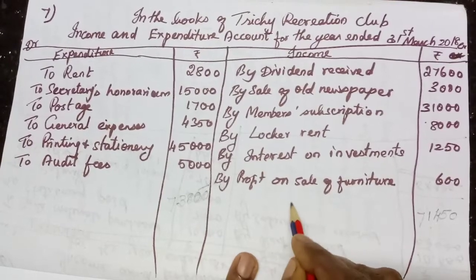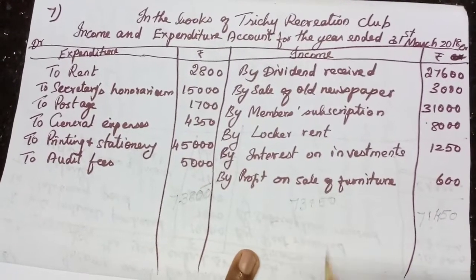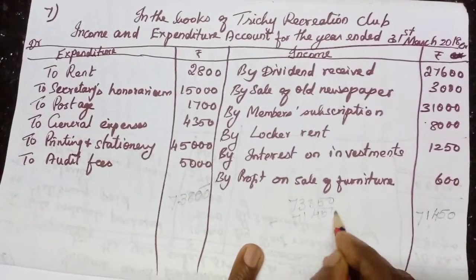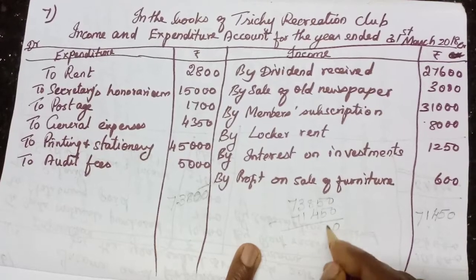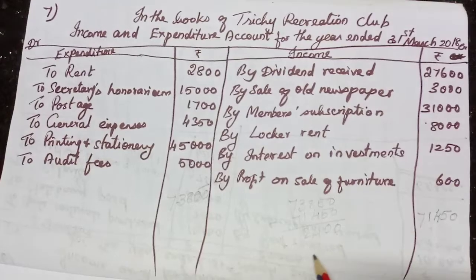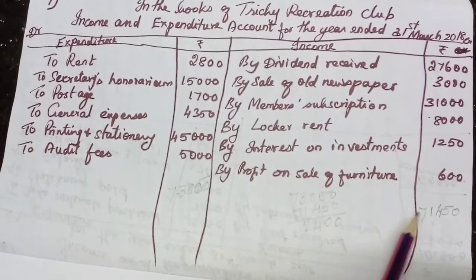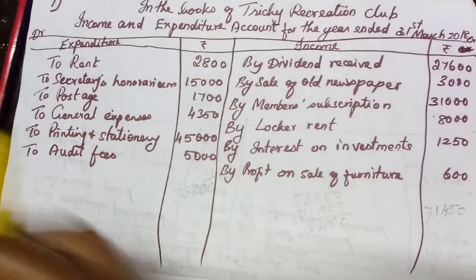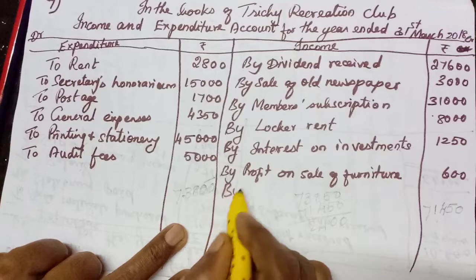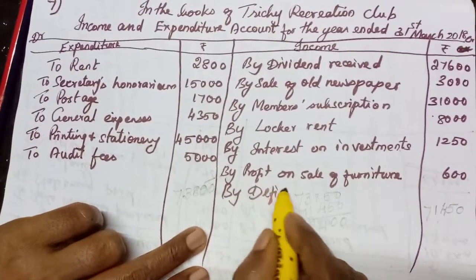We will calculate 73,850 minus 71,450. 5 minus 0, 8 minus 4, 4, 3 minus 1, 2. So we have got 2,400. This amount you have to write on this side. So by deficit. What is more? Expenditure is more, so you have to write deficit.